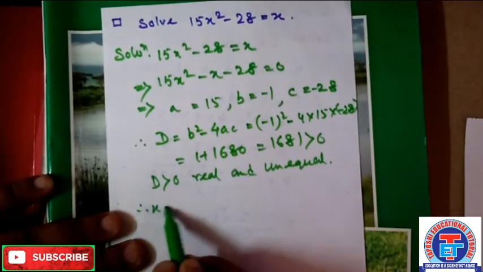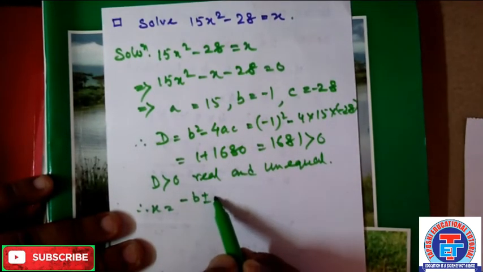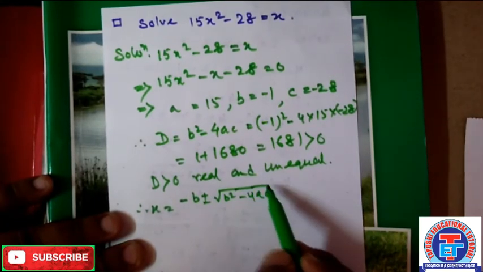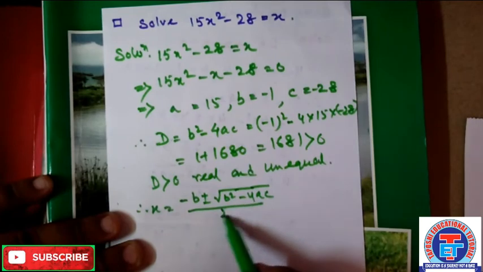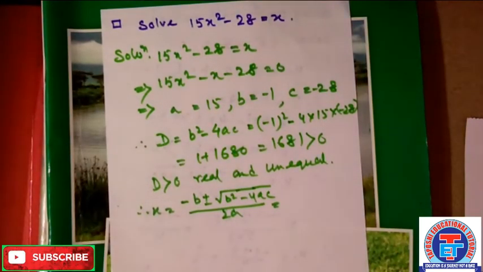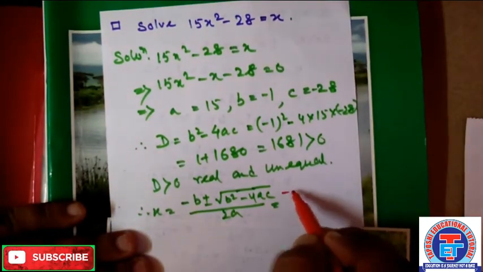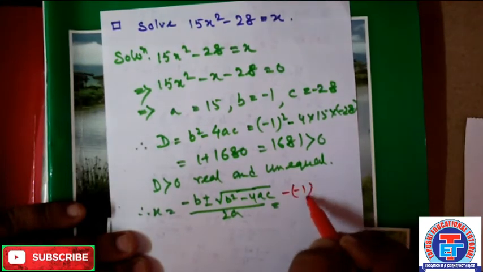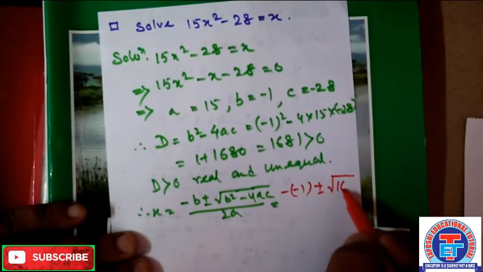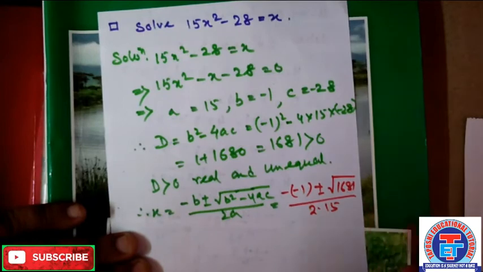Okay, now let's solve by this method. So therefore x is equal to minus b plus minus root over b square minus 4ac, right, by 2a. It will become, now we write here minus 1 plus minus root over 1681 divided by 2 into 15.